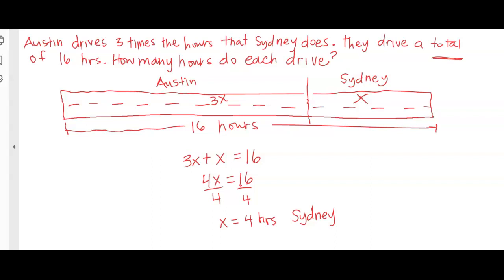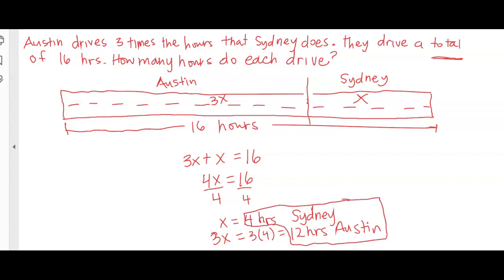So 3x would be 3 times 4, which is 12 hours, and that's how long Austin drove. All right, so those are the 2 answers we need for that one.